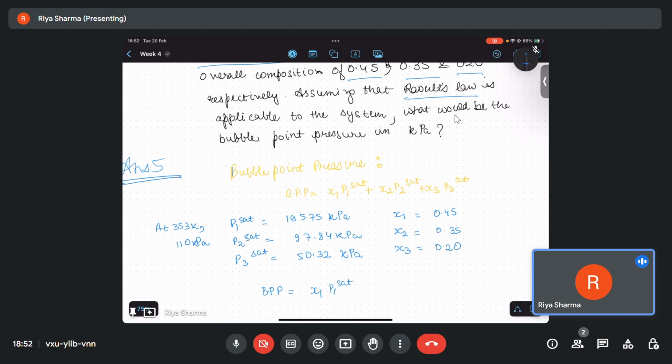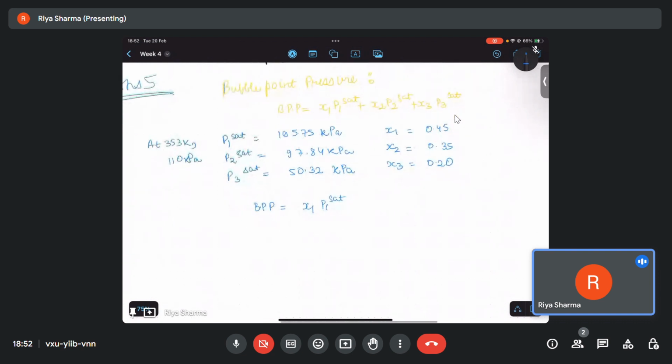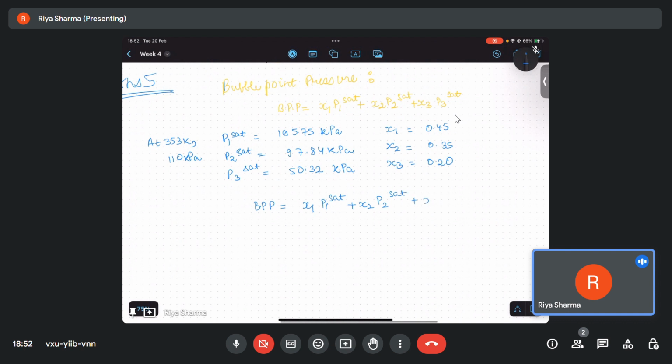So these are the values, and you just have to apply a basic formula, since we need to know the partial pressures, the saturation pressure of all these components. Since Raoult's law is applicable.